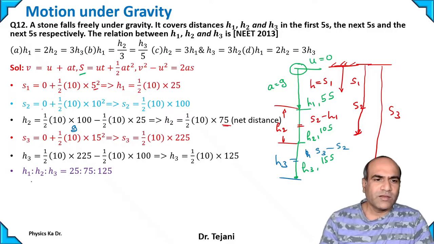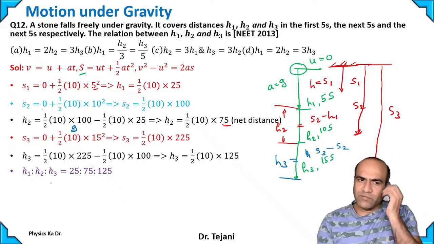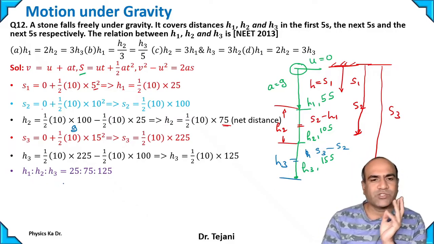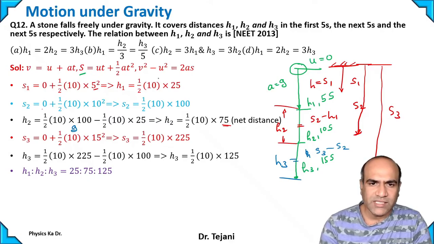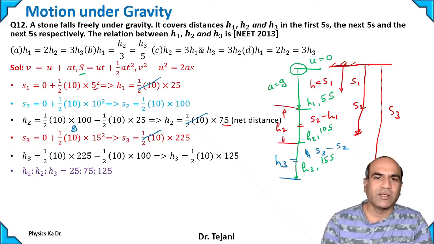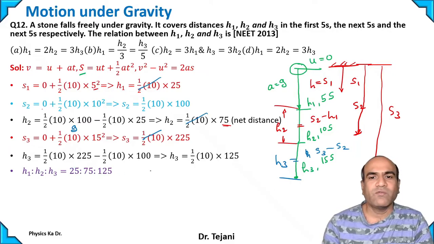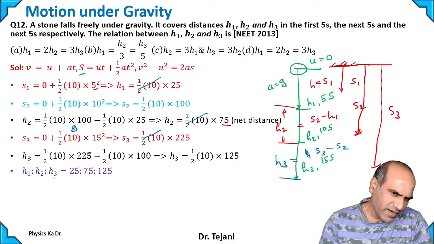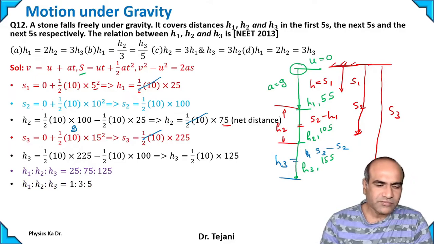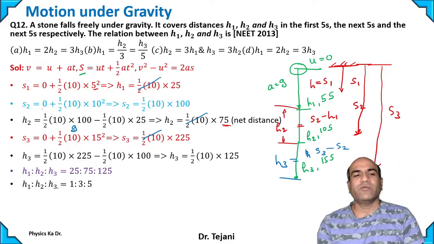Now if we take the ratio h1, h2, h3, this is common. So 25, 75, 125. If we divide everything by 25, it becomes 1, 3, 5.